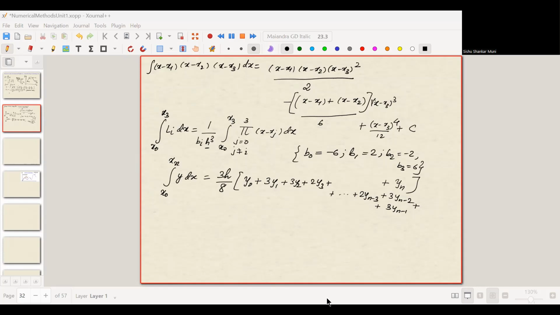So here we are doing for i in range 1 to n. Then what you do, a plus i times h. This is where you are using the uniform spacing. You are starting from a, then adding an h to go to the next point, then adding another h to go to the next point, and so on till you traverse till y(n minus 1).